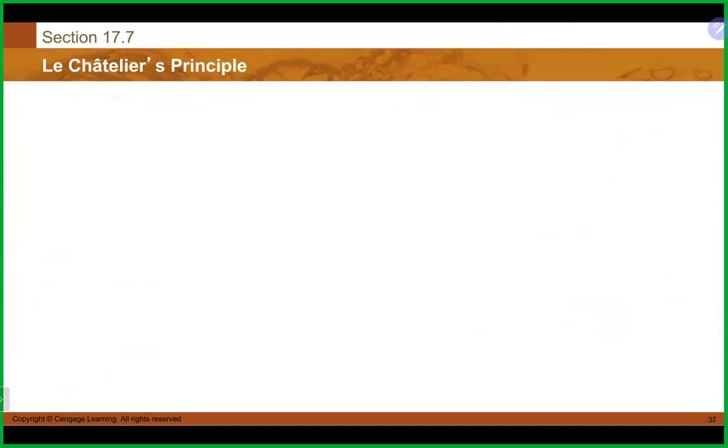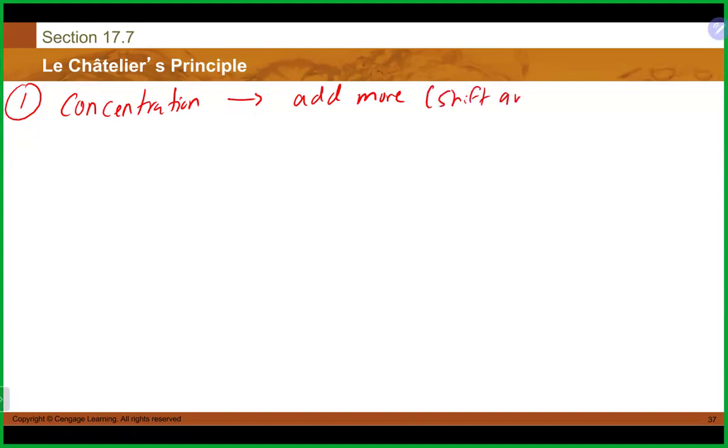So let's start with the first one, which is concentration. When we're dealing with concentration, there are really two things that you could do to it. You could either add more, and typically when we add more, it will shift away from the side we added it to.